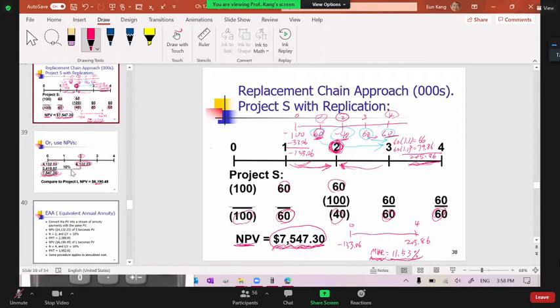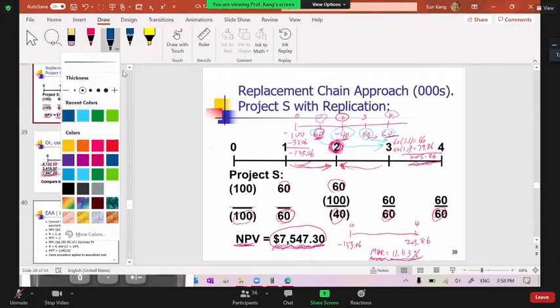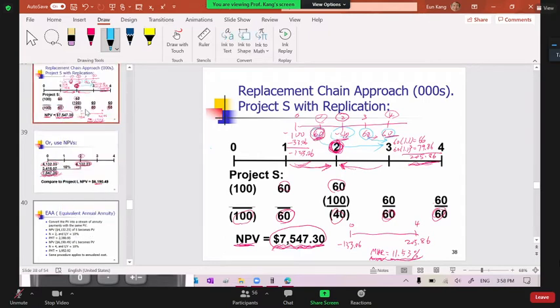Yeah. Wait, I'm confused still. So for year one, where it's 60, did you multiply it by 1.1 or did you leave it at 60 for year one? What did you do? Year one, as I said, the positive cash flows should move to the end of the project. I get that, but what did you do to year one?